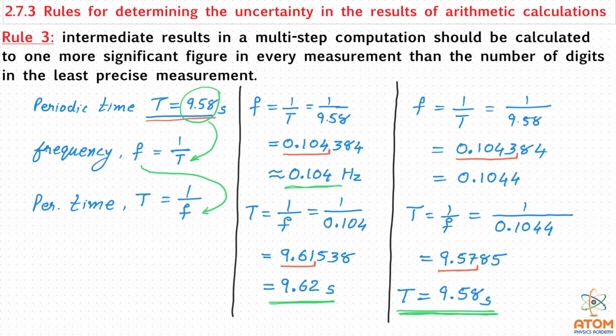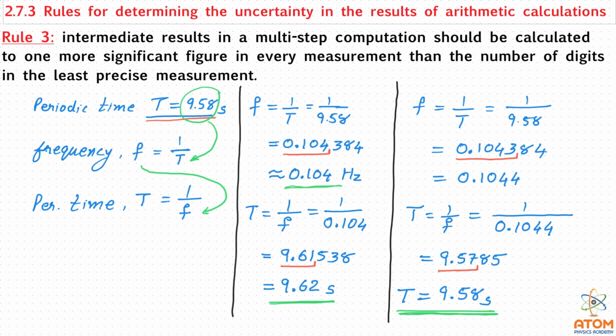We have taken this example because we know that in this type of calculation we should get the mean value back. You are taking the reciprocal 2 times, so obviously you should get the mean value back, and here we are getting the mean value back, but previously we were not. So this concludes that when we have a multiple-step calculation, there will be some intermediate steps of calculation too.